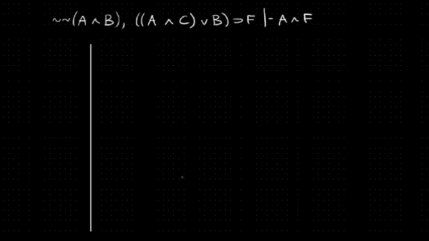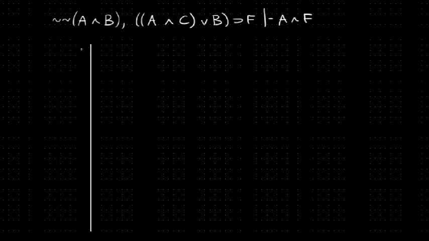So in constructing a proof, first of all we've got a scope bar here, and this is where all the work's going to be done. The first thing that we'll do is add in our premises. So everything on the left hand side of this turnstile, our syntactic turnstile, we'll treat as premises.